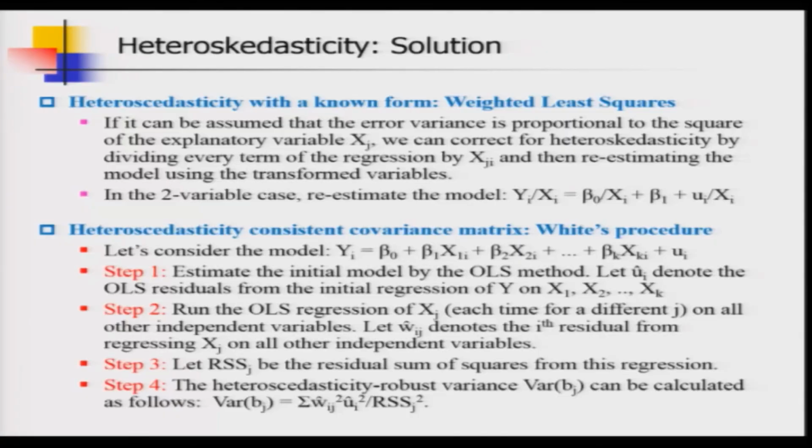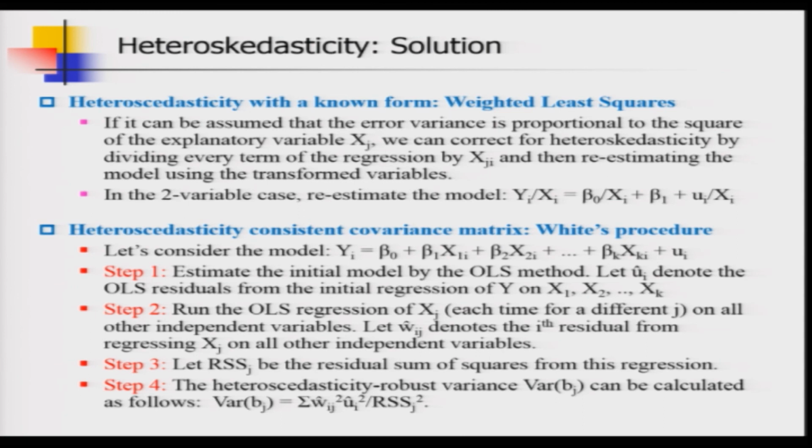Now, we are going to briefly talk about White's procedure, where we do not assume any specific form of heteroscedasticity. We start with a multiple linear regression model with k explanatory variables. In step 1, we estimate the initial model by OLS, and let u hat i denote the OLS residuals from the initial regression.